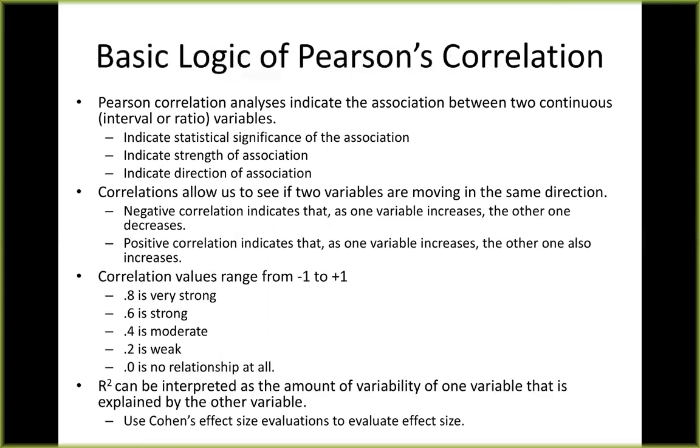Where are you seeing that in SPSS, that number? So this number is the r value. In the example that we went through in class, it's the 0.403. Okay, that's what I thought. Yeah, I would say that's a moderate association. Great question.